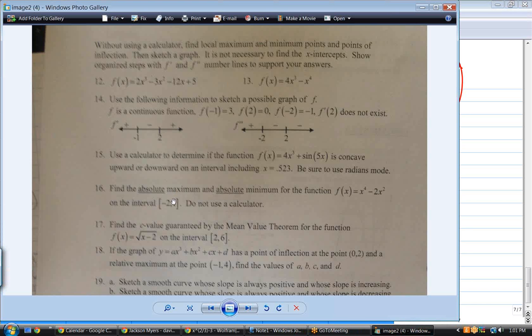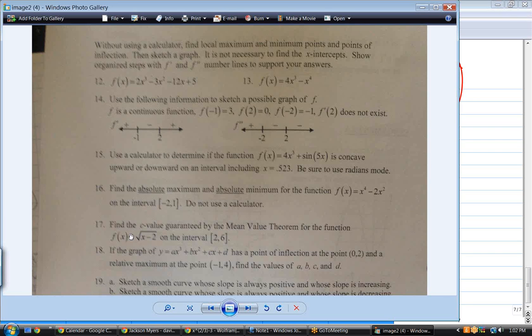So just quickly, what I would do on 17 is find out what the average rate of change is on that interval by doing f of 6 minus f of 2, all divided by 6 minus 2. That gives you the average rate of change.